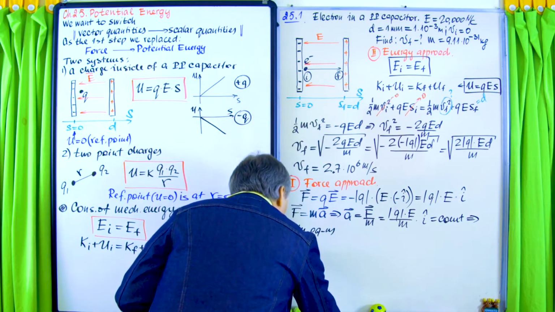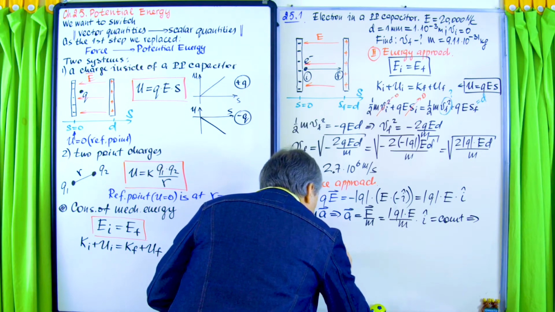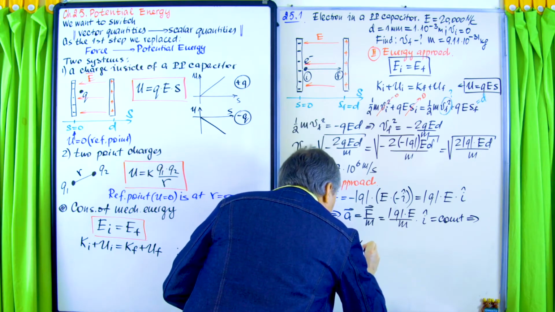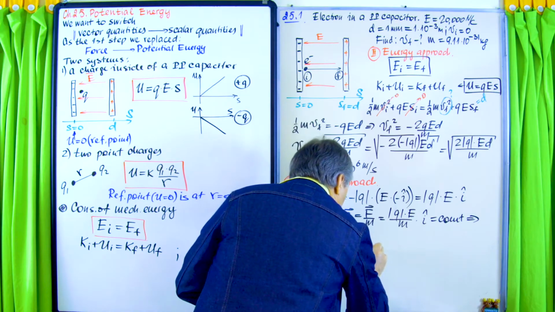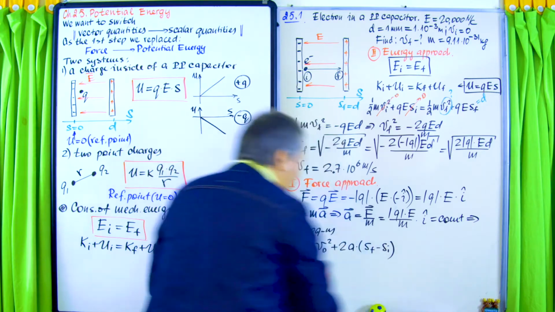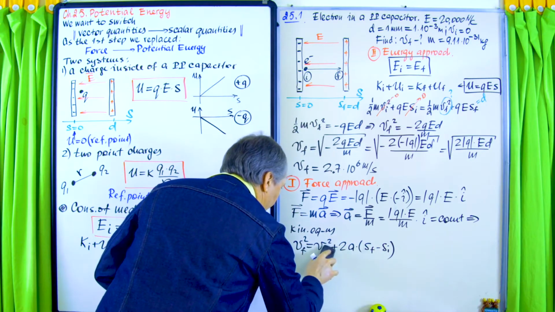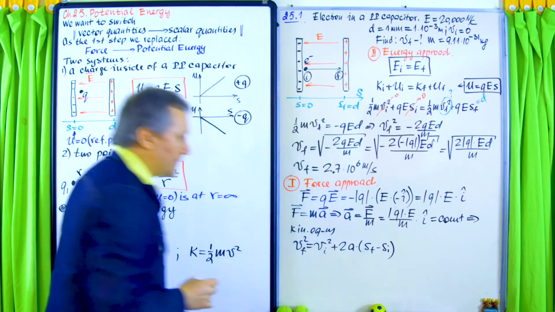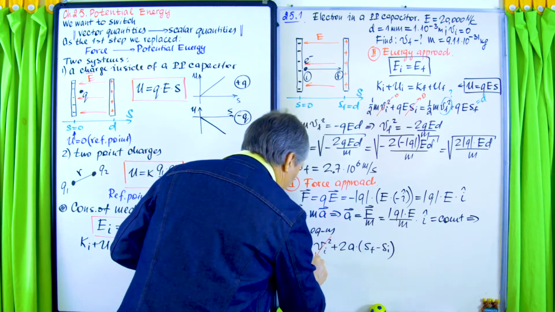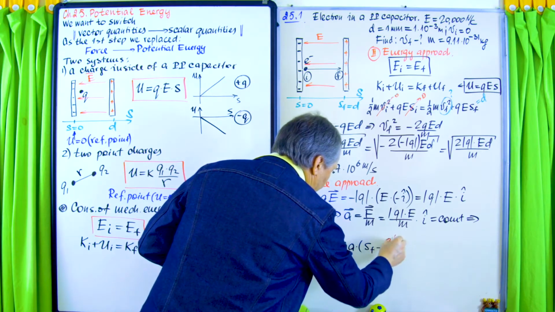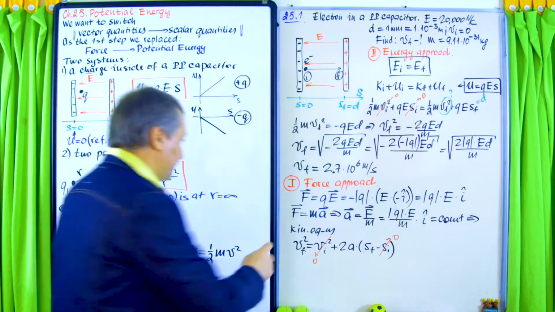Which is v squared equals v naught squared plus 2a, and it's not x, we have s. S final minus S initial. So this is the final, and instead of 0, I should use initial. Like this. So S initial is 0, and we just need to take a square root.